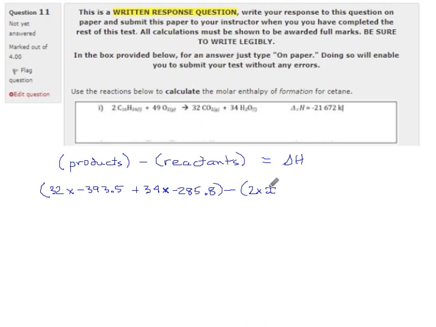I'll just do kind of an algebra style X. This is the heat of formation for cetane. It is not in our data book. We have to find it somehow, and right now we don't know it.